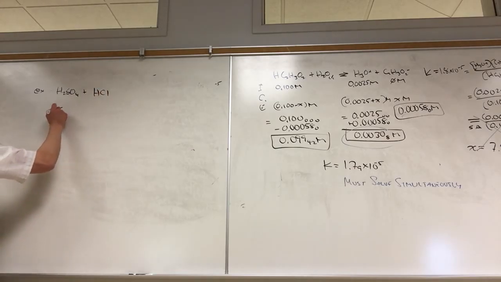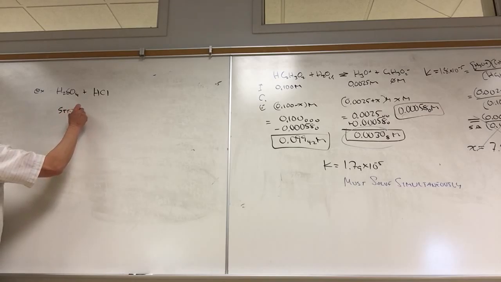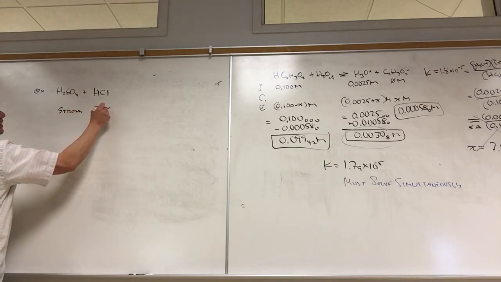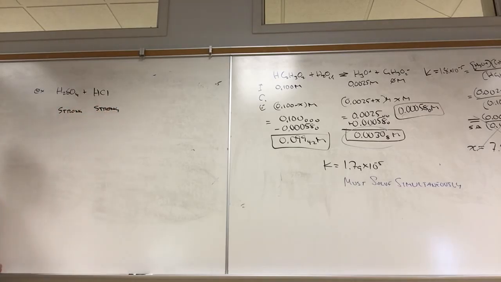You would call this a strong, and then weak. Because the first hydrogen comes off H2SO4, that's a strong acid. But the second hydrogen is not a strong acid. HSO4 minus is a weak acid.